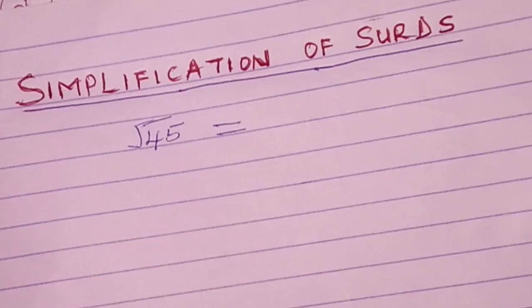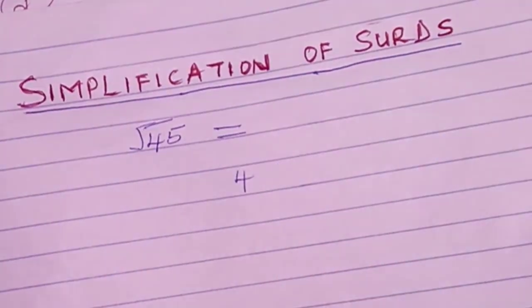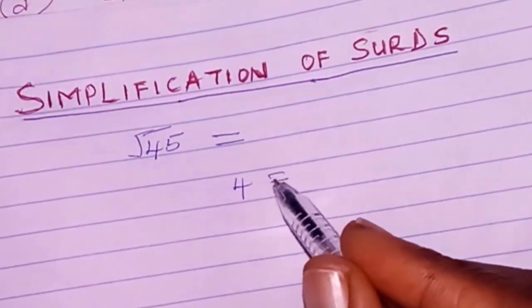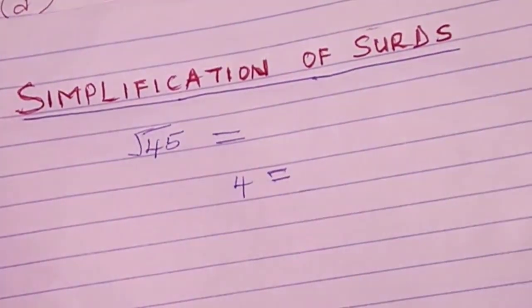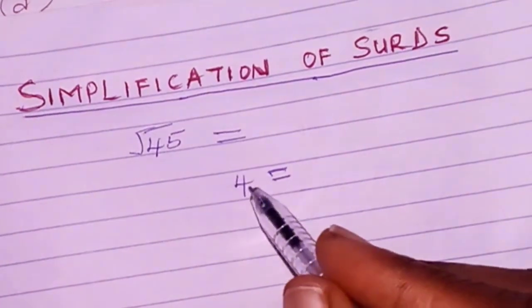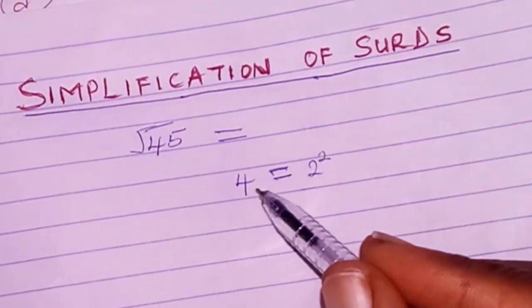Now, some perfect squares: 4 is a perfect square. Remember, a perfect square is a number that can be expressed as the square of another number. Like 4, the square of 2 will give us 4.